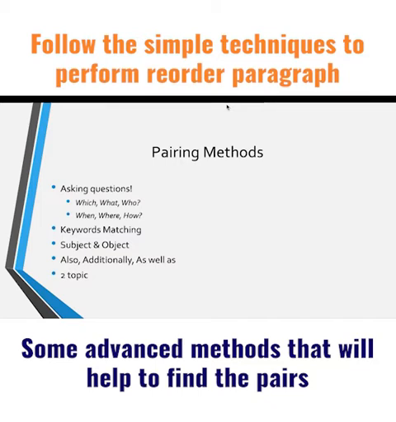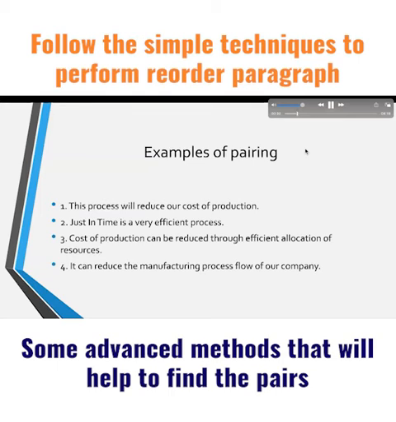So whenever you see pronouns in a sentence, always ask questions such as which, what, who. For example, the first sentence over here says, this process will reduce our cost of production. This is my pronoun. So what question can I ask from there? Do I know which process they're talking about? Not yet. So that means I can ask the question, which?